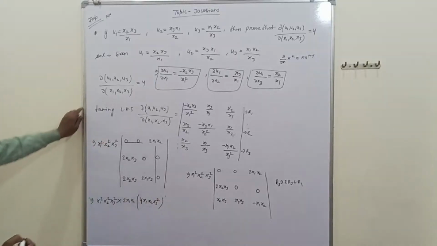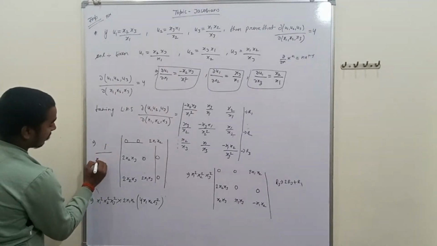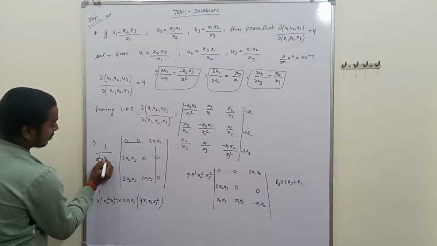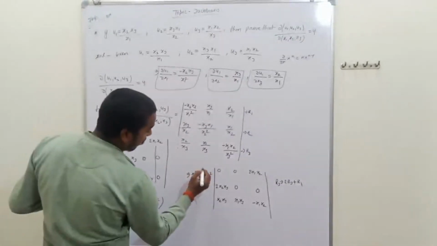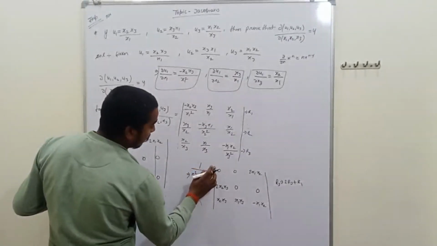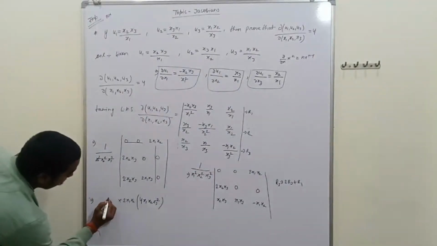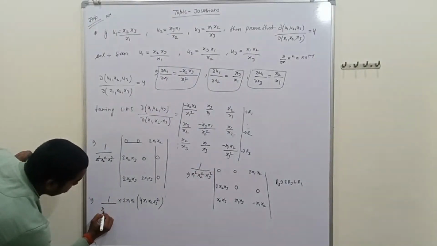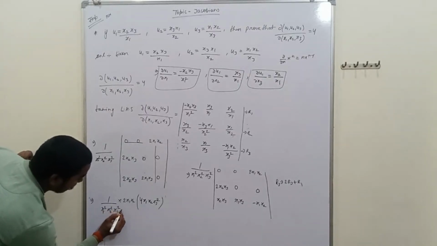Then further we have to solve. Taking one common, this is 1 upon x1 squared x2 squared x3 squared.